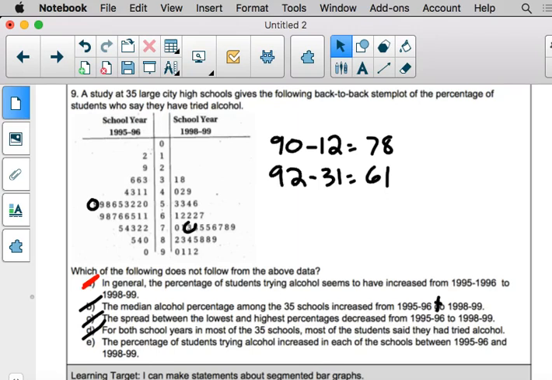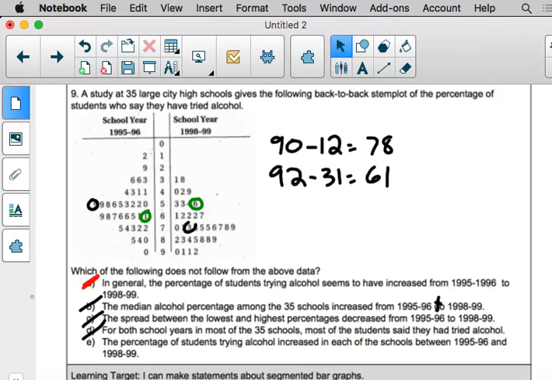The percentage of students trying alcohol increased in each of the schools between 1995 to 1998. Now that I would argue is too strong of a statement, okay? Let me show you why. Let's say maybe this school that had 61 here, maybe that particular school dropped down to 56, right?